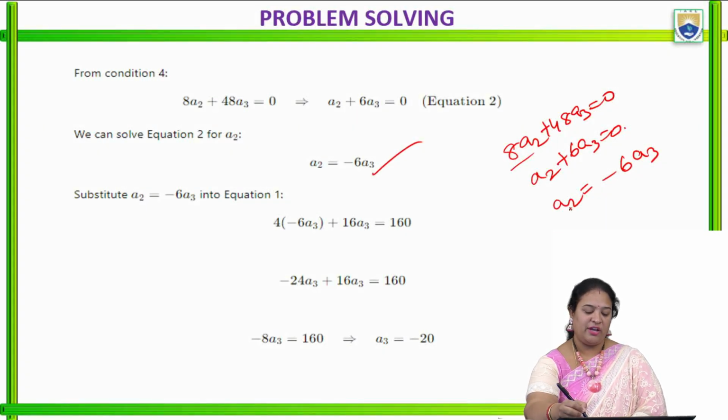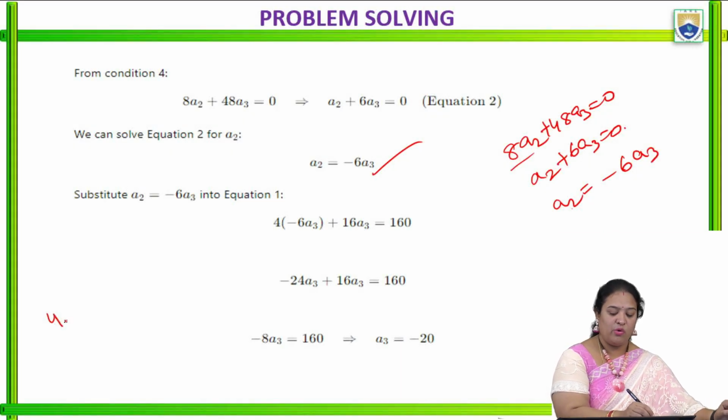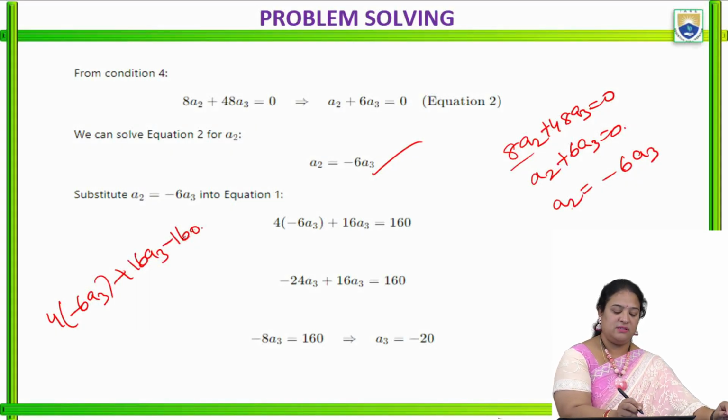Substituting the value of a2 in equation 1, we have 4 of minus 6a3 plus 16a3 minus 160.